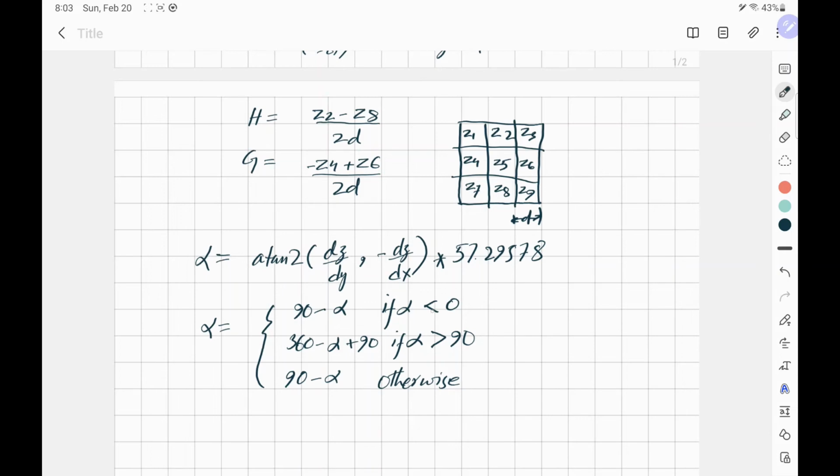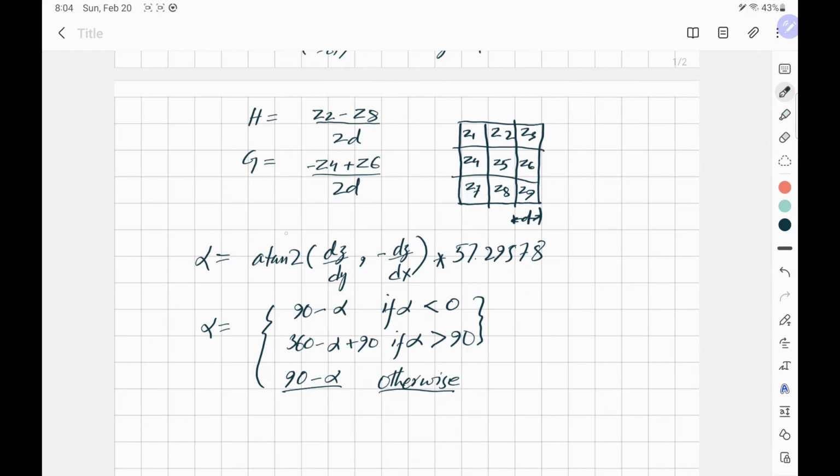So if the aspect value is negative, it will be 90 minus aspect. If it is greater than 90, then it will be 360 minus aspect plus 90. And when we have the otherwise condition, meaning not fulfilling the first two, then it will again be 90 minus aspect.